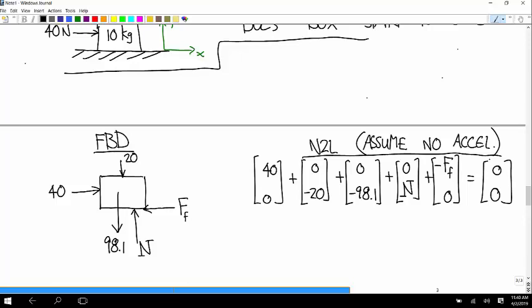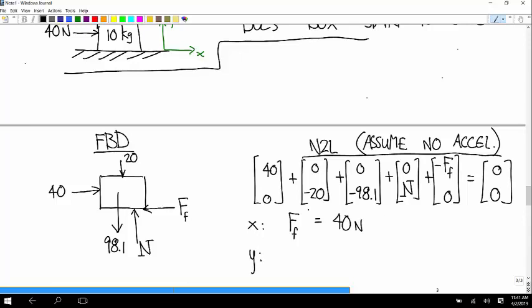And now we're going to calculate both of these two. The x equation tells us that the force of friction is equal to positive 40 newtons. But in order to calculate the maximum friction, we're going to have to use the normal force. So we need that in this case.